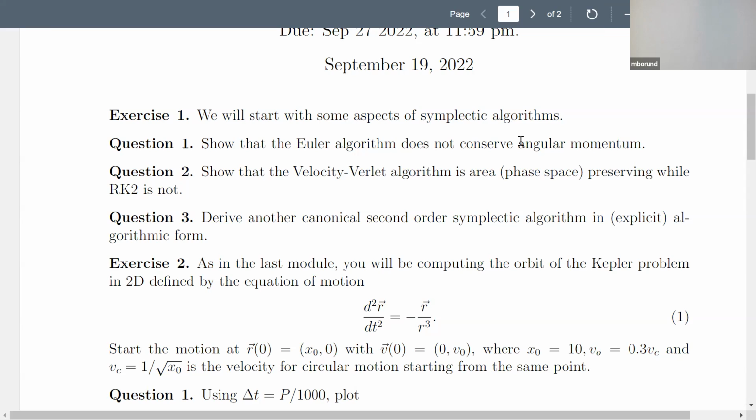If you had to do it with a calculation, what would you do? Well, you would take a piece of phase space, right?